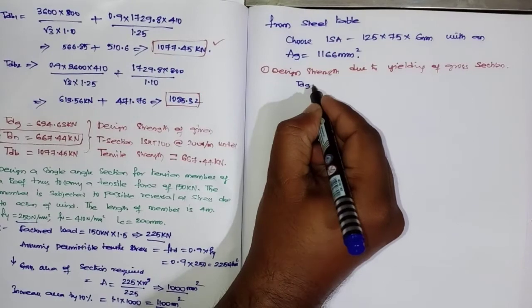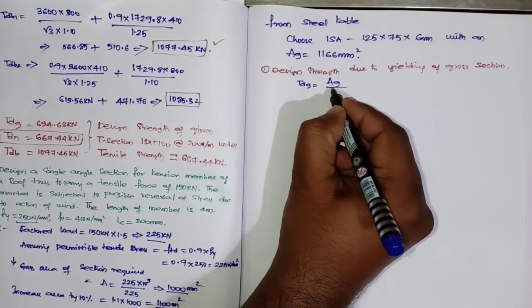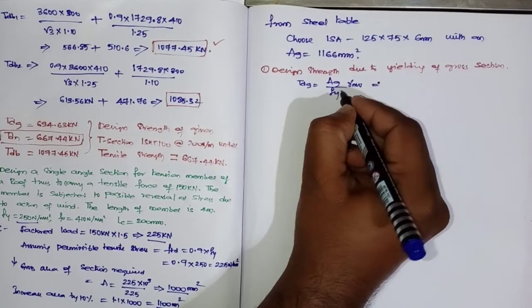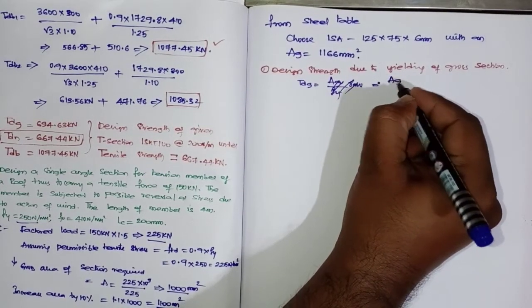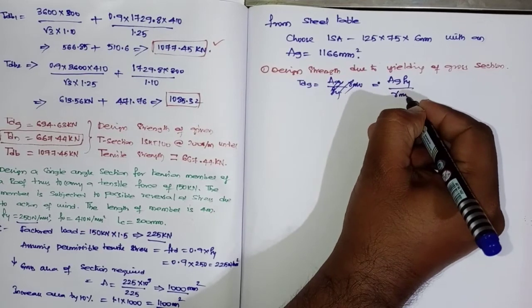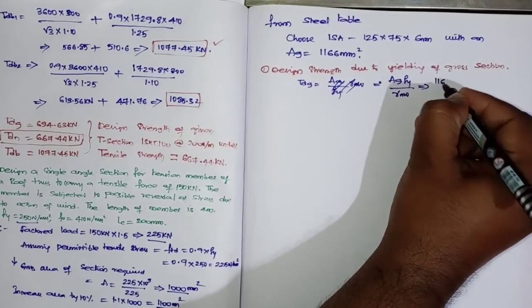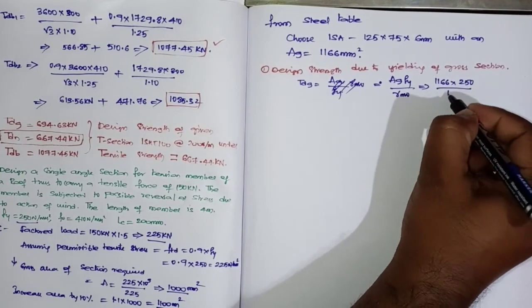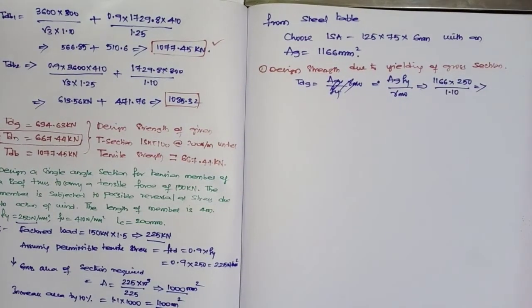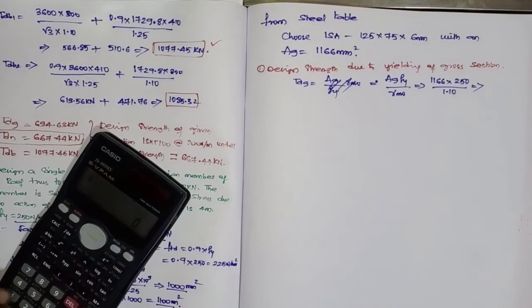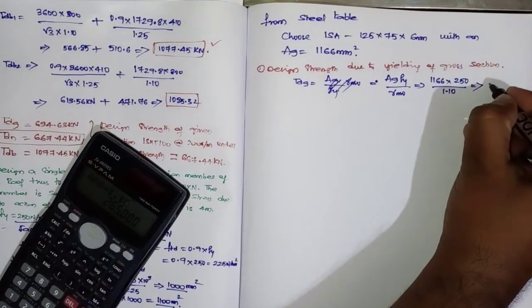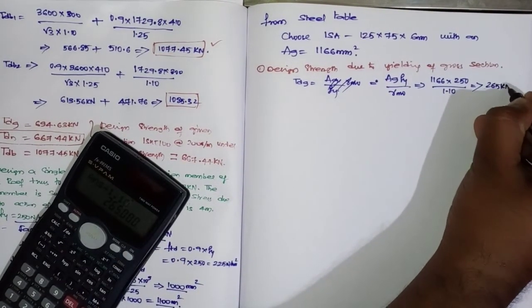Tdg equals Ag Fy by gamma m0. What is Ag? 1166 into Fy, which is given as 250, divided by 1.10. So it is 265 kilonewtons, right?